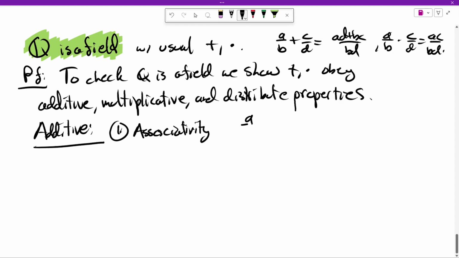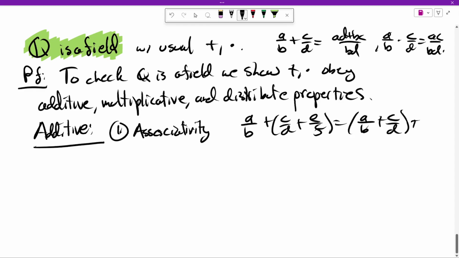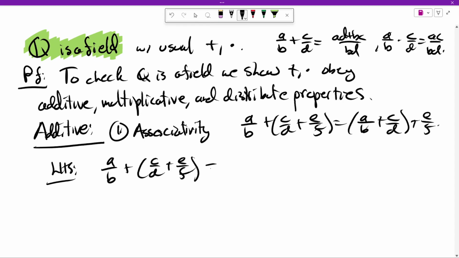We have to show that (A over B plus C over D) plus E over F is equal to A over B plus (C over D plus E over F). Let's work out the left-hand side first. That's A over B plus, take care of what happens in the parentheses first, so cross multiply to find a common denominator.